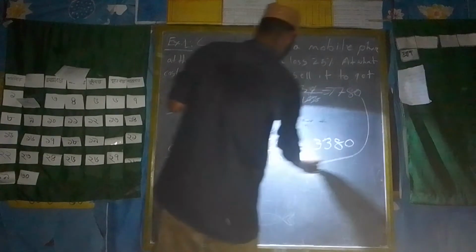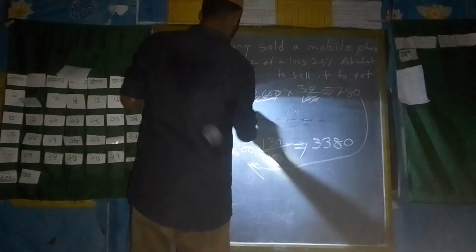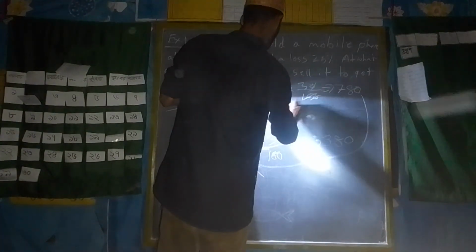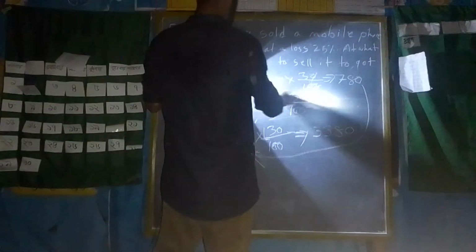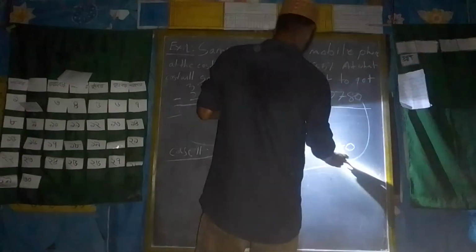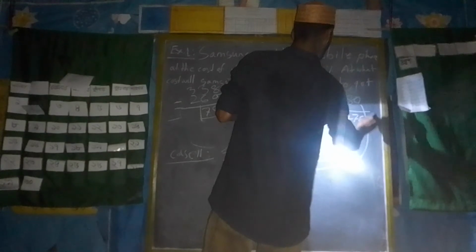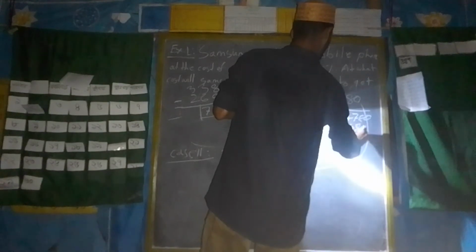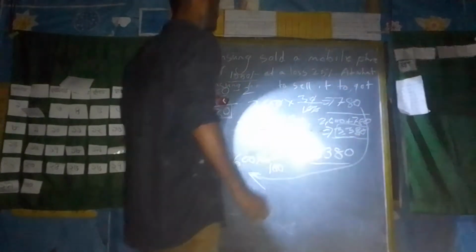This is shortly introduced here. 2600 into 130 divided by 100. 30% means 780. 780 plus 2600 equals 3380. Whichever method you use, the result will be the same: 3380 is the final result.